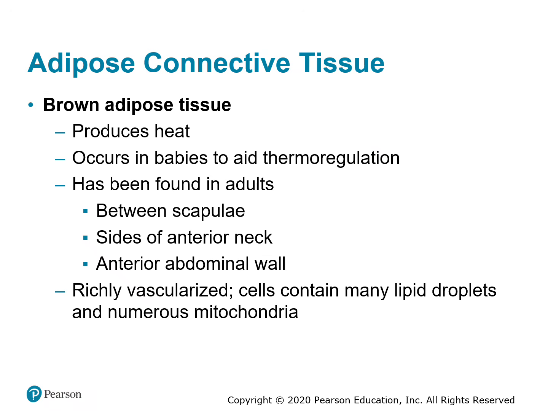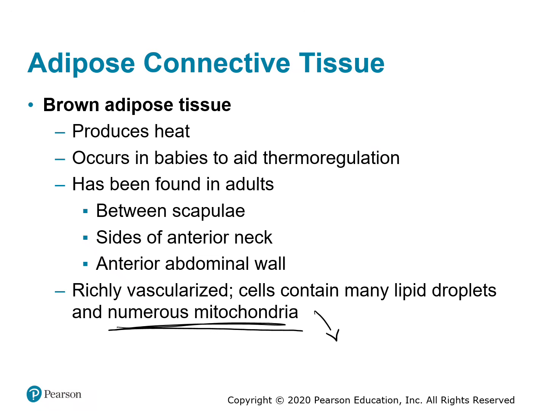We do have brown adipose tissue. It is mostly in babies, but we do find it in adults as well. It produces quite a bit of heat and is highly vascularized as well. It also contains a lot of mitochondria. Why might it contain that much mitochondria?